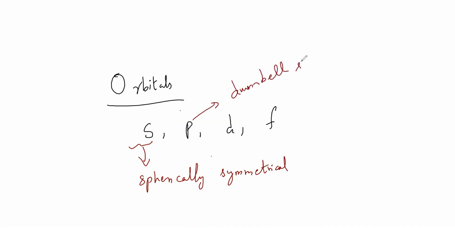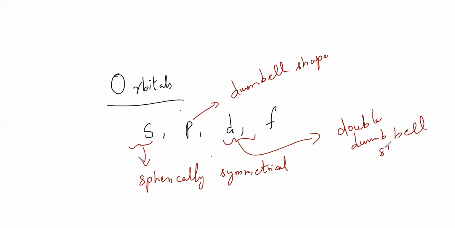I am repeating this so that we will be aware of it. d is double dumbbell shaped. And f is a complex structure.